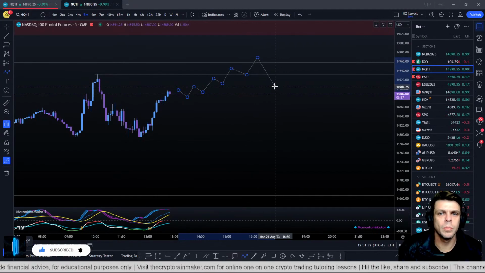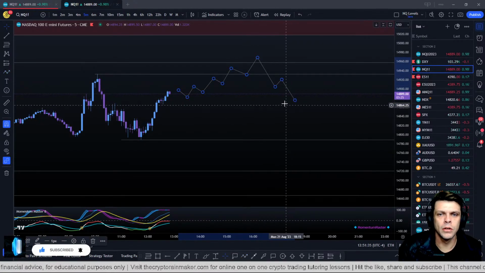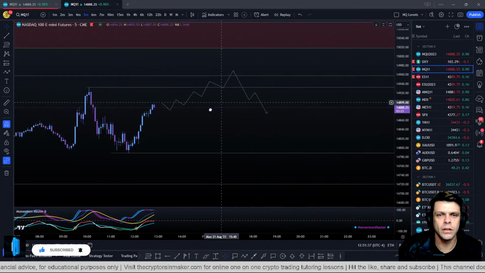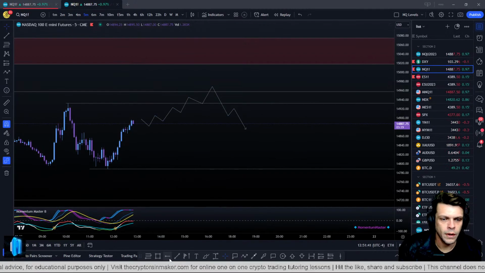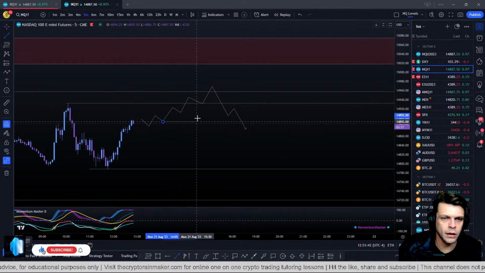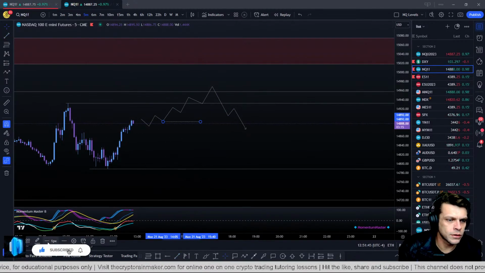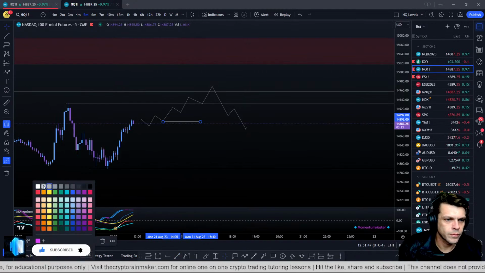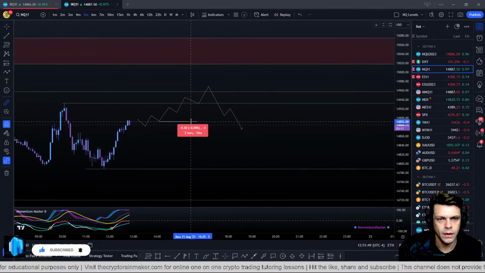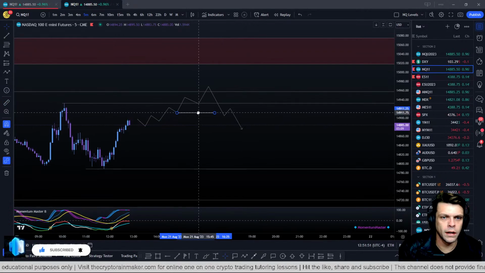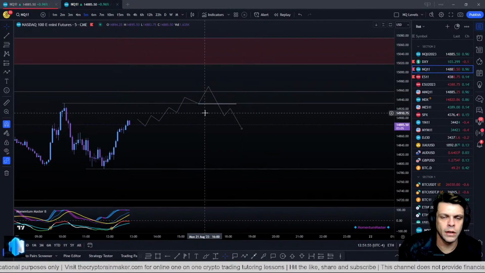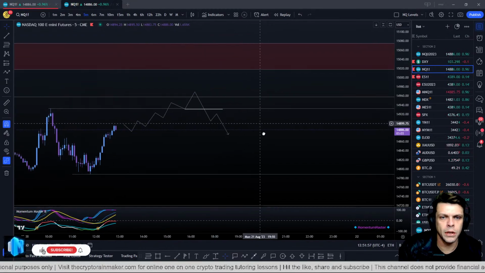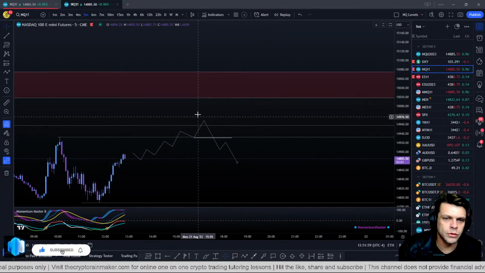We want to see displacement, but the most important thing is the market structure shift. So this is going to keep on making higher lows, and I just normally track it with a line like this. As it makes new higher lows, I just track it. And sometimes I put an alert on that, so it alerts me once this happens. So that will be your market structure shift.